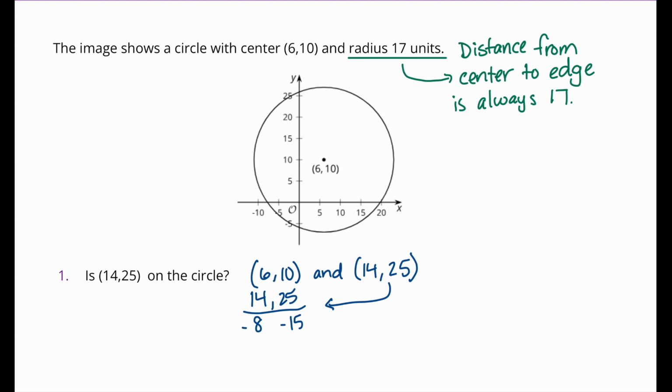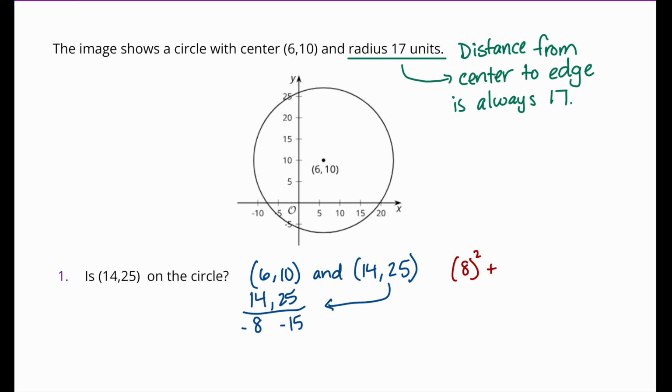All right, so let's calculate this out. If you use positive 8 or negative 8, you'll get the same answer because we're squaring it, which makes it positive. So 8 squared plus 15 squared. We want to know, is that equal to 17 squared? So 64, and 15 squared is 225. I'm never confident, so I'll check on my calculator.